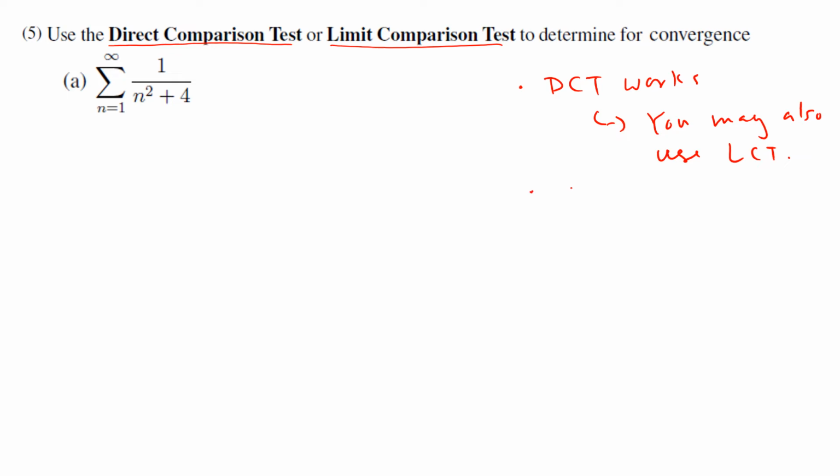That means there are some problems where the limit comparison test works, but that does not imply that the direct comparison test works. That's something you can keep in mind.